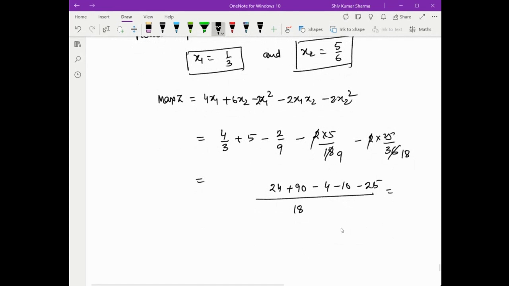So 5, that means minus 1, so 14, 15, 15 is 75, 75 upon 18. So the maximum Z is equal to this.